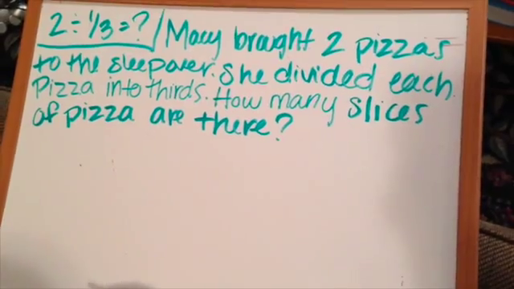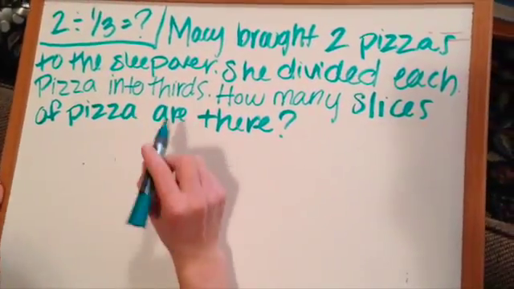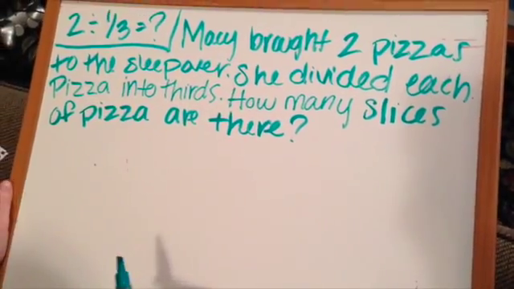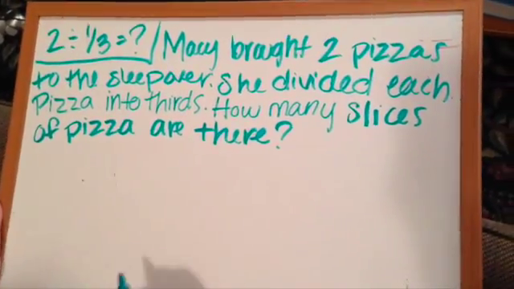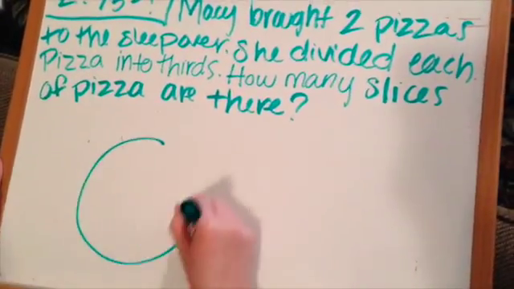Okay, so for our second problem, we have 2 divided by 1/3. So for our word problem, we have Macy brought 2 pizzas to the sleepover. She divided each pizza into thirds. How many slices of pizza are there? So for our illustration, we have our 2 pizzas.